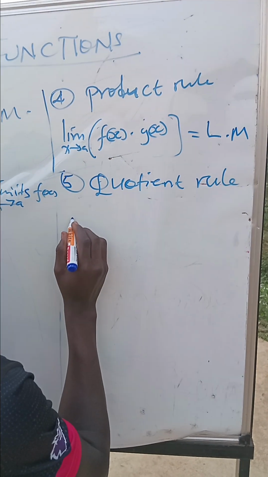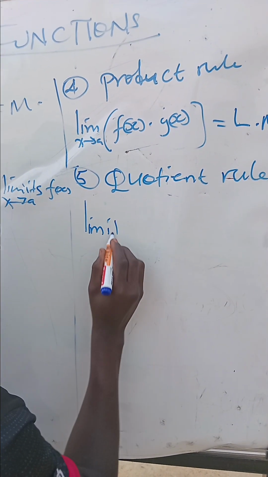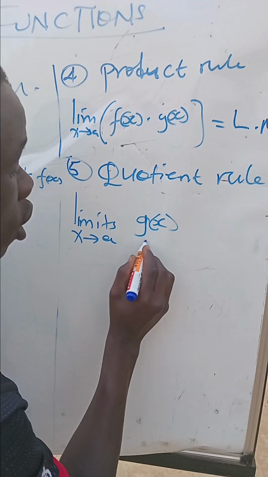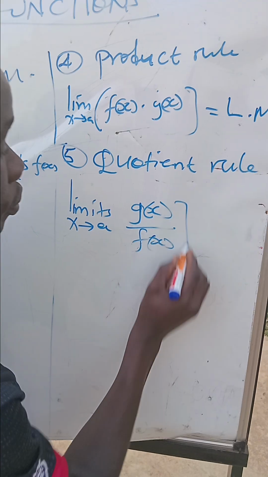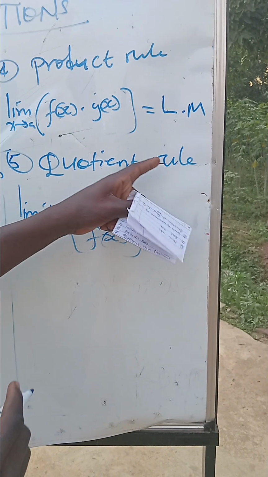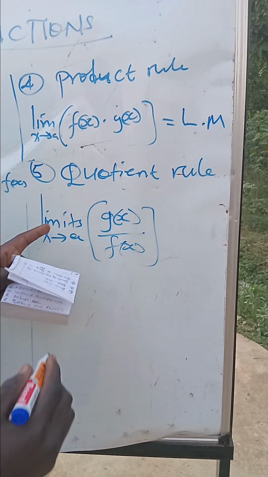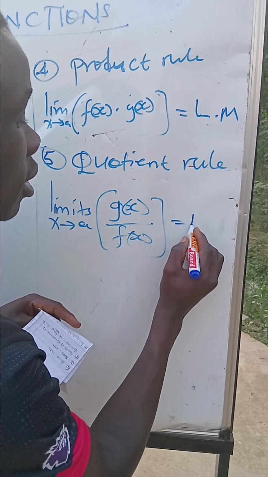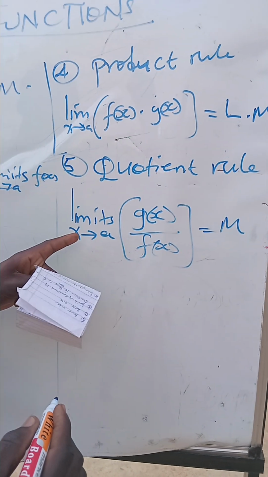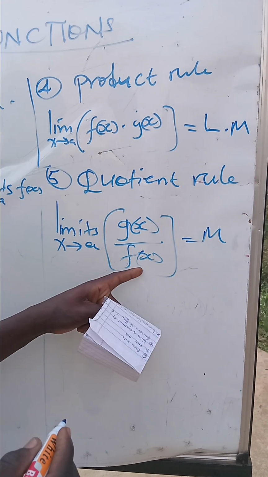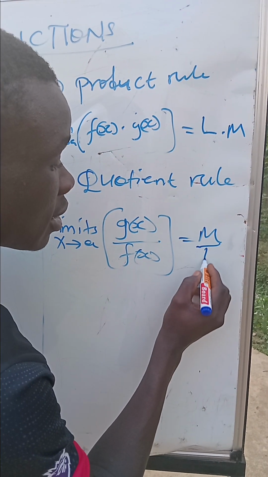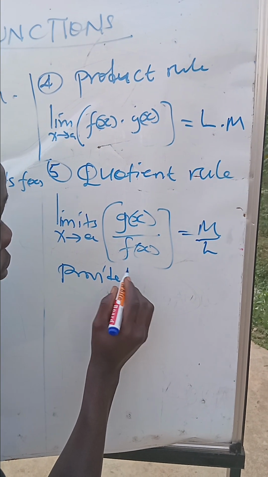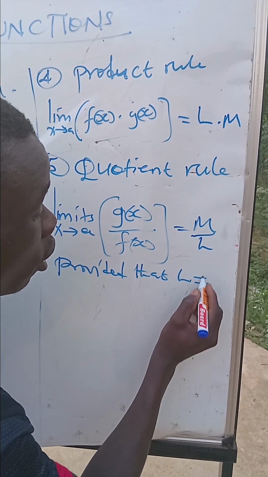Here in the quotient rule, it says the limit as x approaches a of g of x divided by f of x is given as M divided by L, provided that L is not equal to 0.